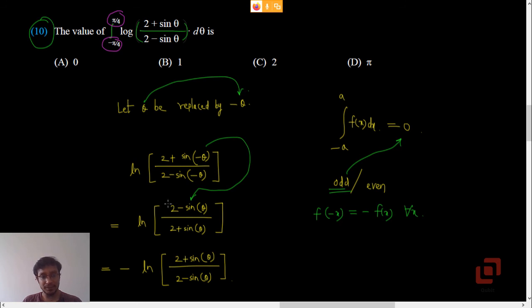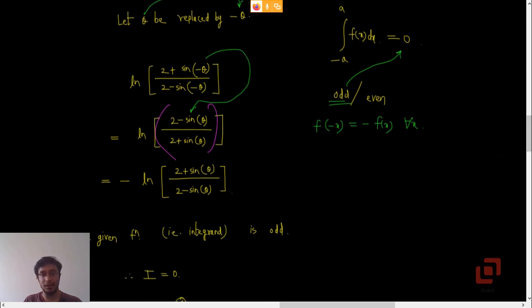Now observe that this fraction 2 minus sine theta upon 2 plus sine theta is the reciprocal of this fraction 2 plus sine theta upon 2 minus sine theta. Now use the property of logarithms that log of 1 upon a is minus log of a. So the function is now negative log of 2 plus sine theta upon 2 minus sine theta.